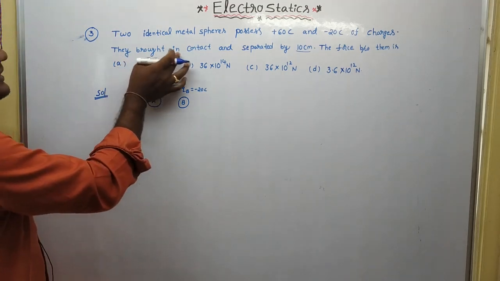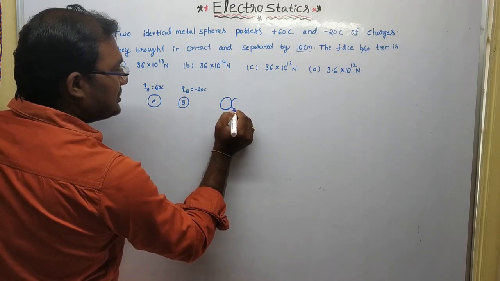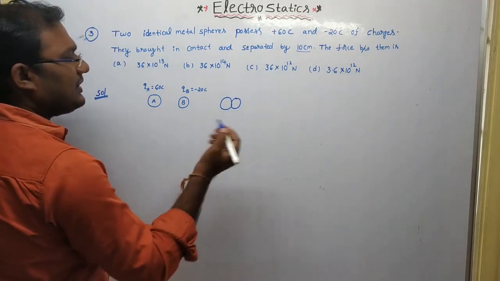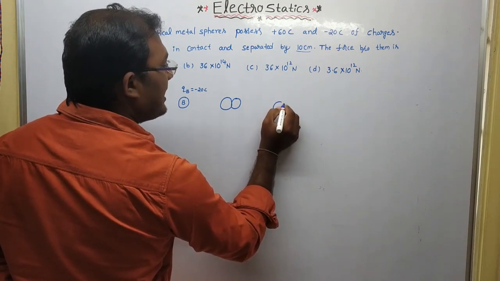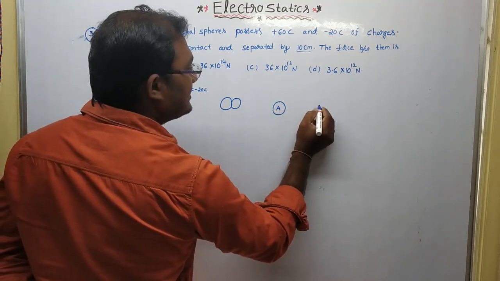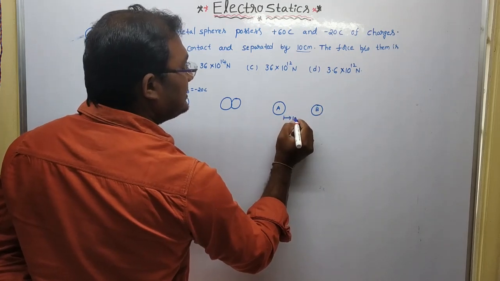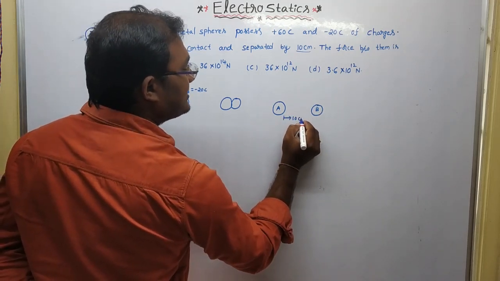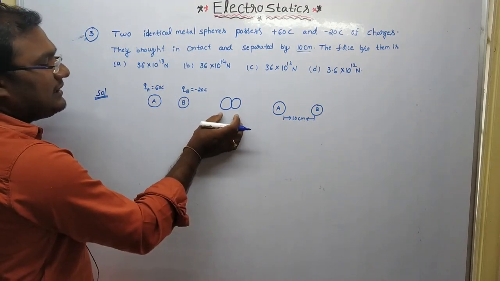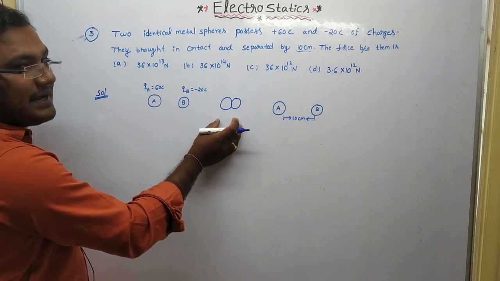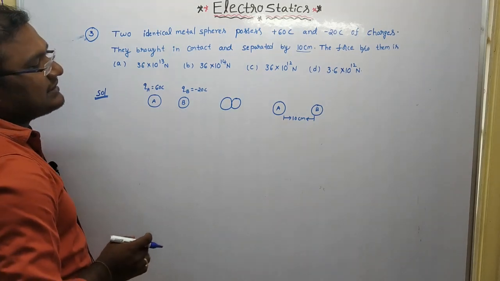When they are brought in contact, that means they are touched to each other, and after some time they are separated by a distance of 10 centimeters. When they are touched together, there is a process known as the conduction process.